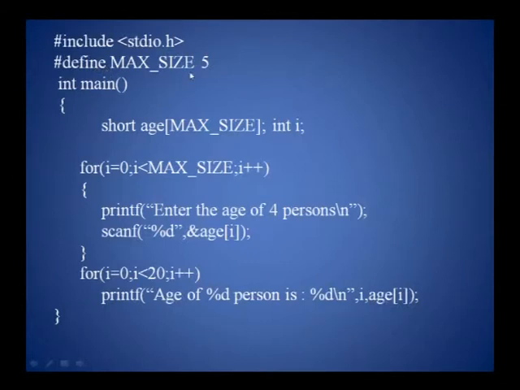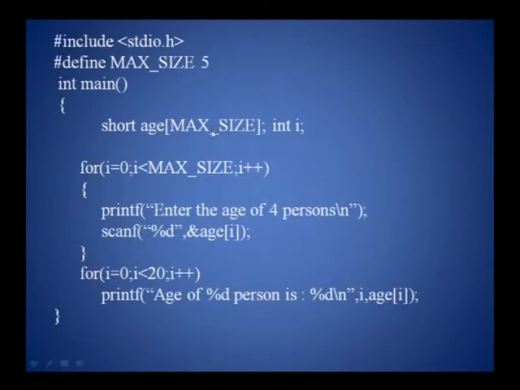I am declaring the maximum size of the array in the earlier stages, that is by making use of the hash define preprocessor. The details of this preprocessor you will be learning later, but as of now I can always make use of a symbolic constant as I had told you. So, now MAX_SIZE is a symbolic constant and I am assigning a value of 5 to this symbolic constant, and then I am using that symbolic constant to represent the size or length of the array.